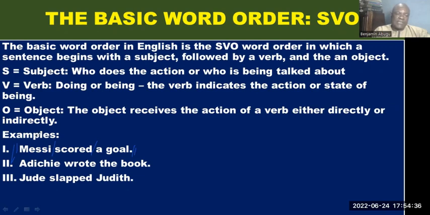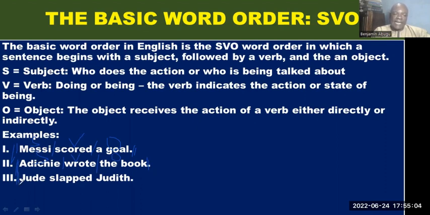Now, Messi is the subject, scored is the verb, and a goal is the object. Sentence II, Adichie wrote the book. So you look at it again. Adichie is the subject, wrote is the verb, and the book is the object.